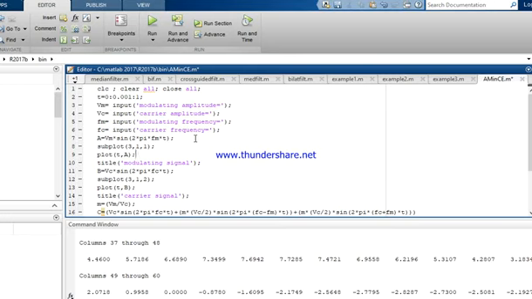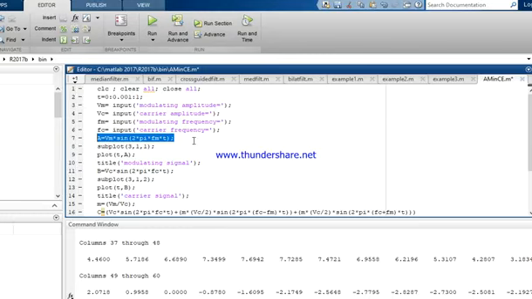This is the formula we have to insert here: Vm, that is modulating amplitude, into sine of 2 star pi star Fm, that is modulating frequency, star t, time period t.